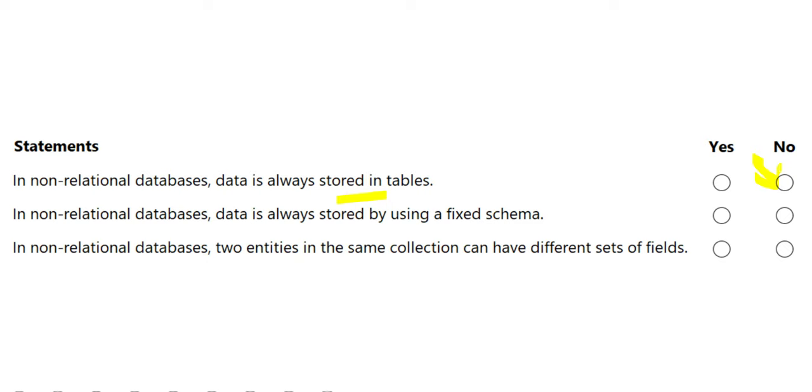The second one says, hey guys, if I have a non-relational database, data is always stored using a fixed schema. What it means is I have a table with 10 columns. So if I fire insert statements, I would try to dump the data. I need to give values for all 10 columns. And that's a fixed kind of thing.